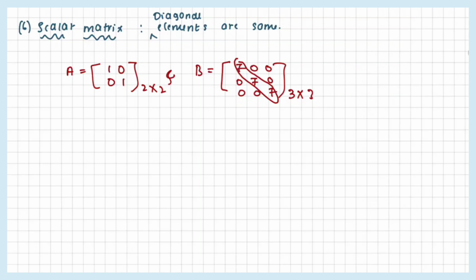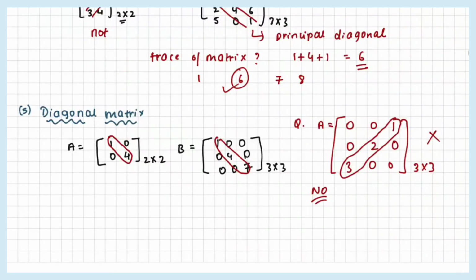You can see the diagonal elements are 7, 7, 7. Here it is 1 and 1. Other elements are 0. But what we learned in the diagonal matrix is that the diagonal elements are non-zero and can be different numbers, like 1, 4, 7. But in a scalar matrix, we have the same numbers: 1, 1, 1, or 4, 4, 4, or 7, 7, 7.